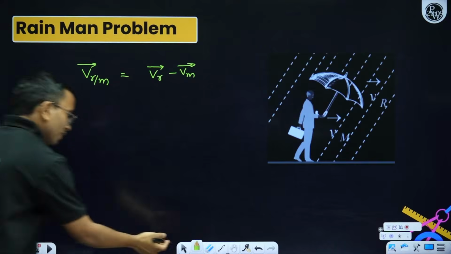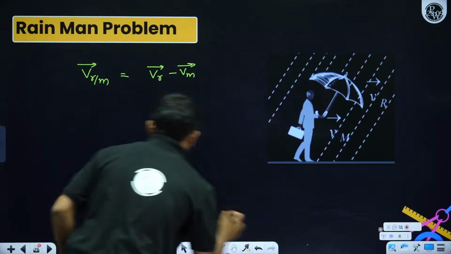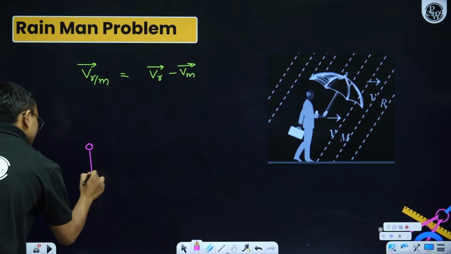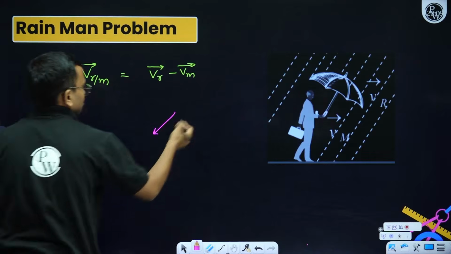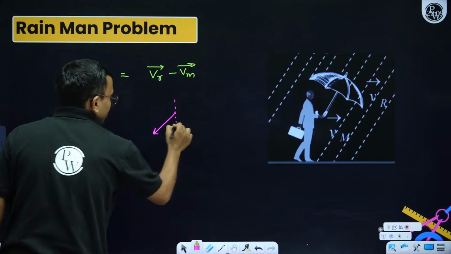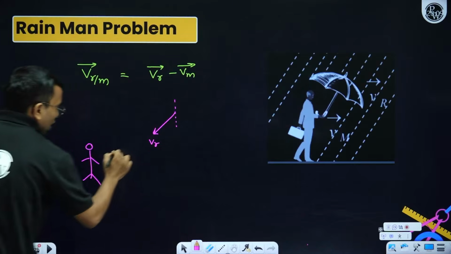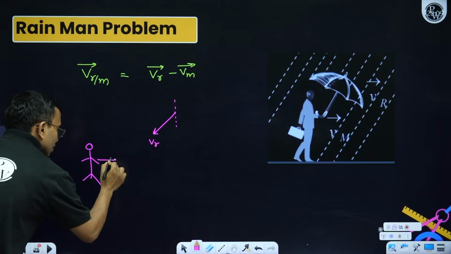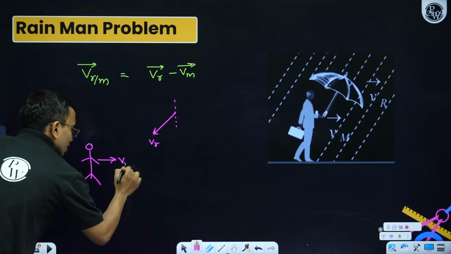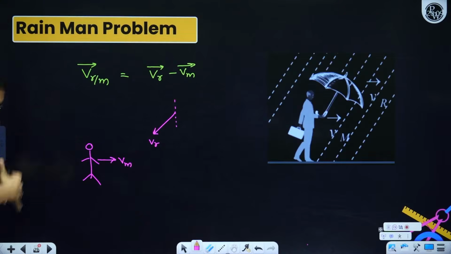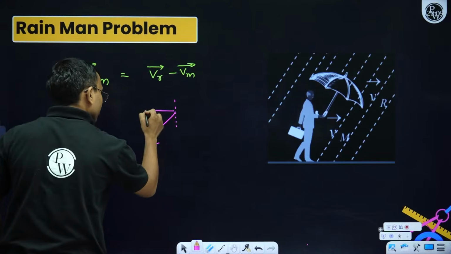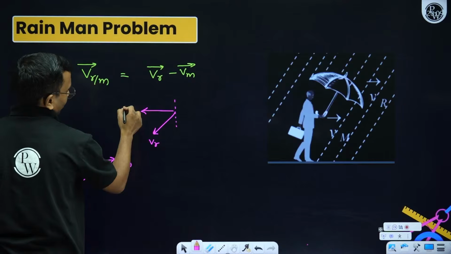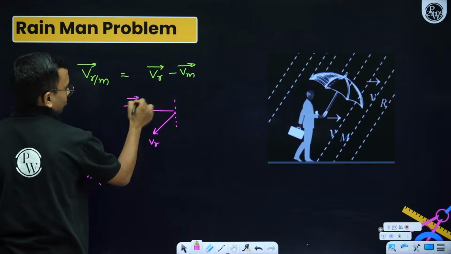It doesn't matter how the rain is falling. Let us take this person here. The rain is falling like this at some angle. This is the velocity of rain. Now this person is running on the ground with velocity of man. So the velocity he will see will be velocity of rain minus velocity of man. This is minus velocity of man vector. Minus means opposite.